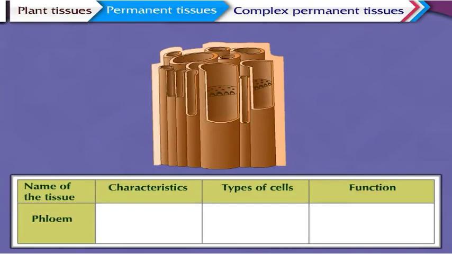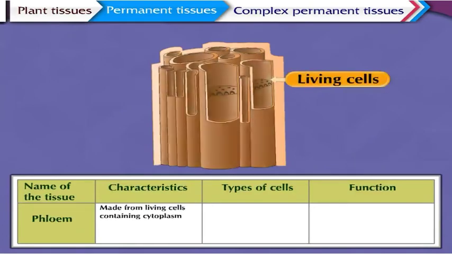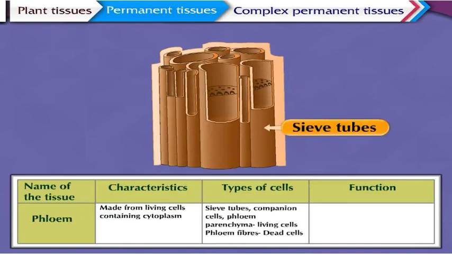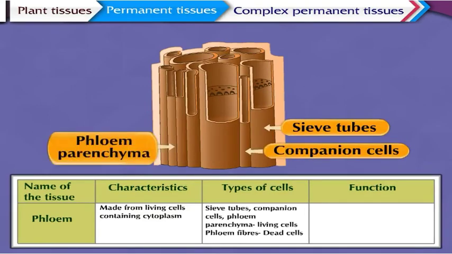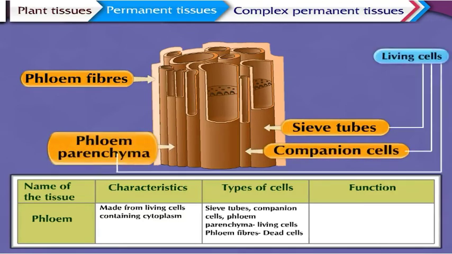Phloem. These tissues are made of living cells containing cytoplasm. Phloem is made up of 4 types of cells: sieve tubes, companion cells, phloem parenchyma, and phloem fibers. Of these, sieve tubes, companion cells, and phloem parenchyma are living cells, while phloem fibers are dead cells.